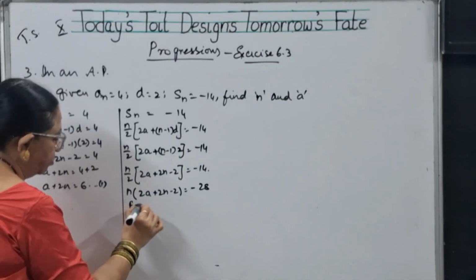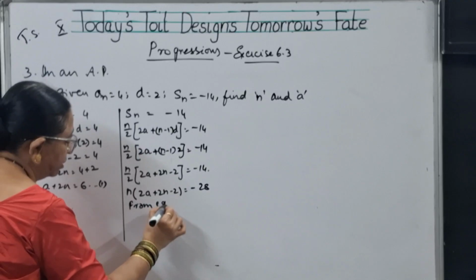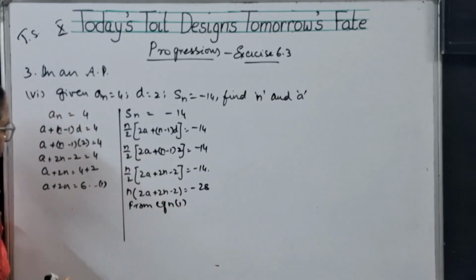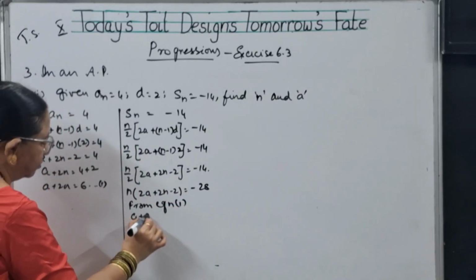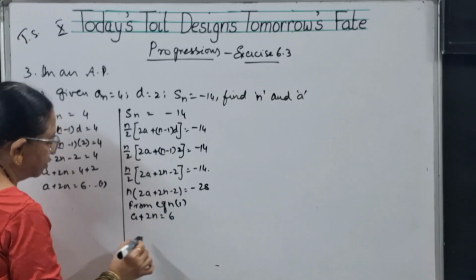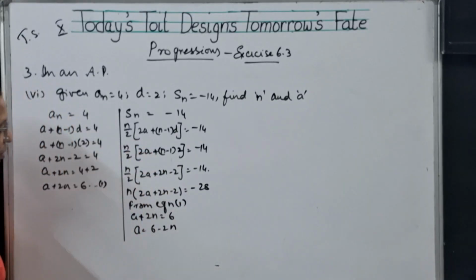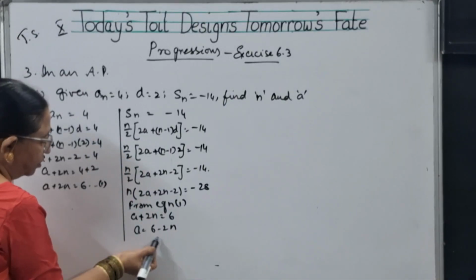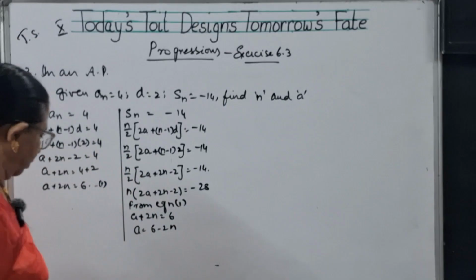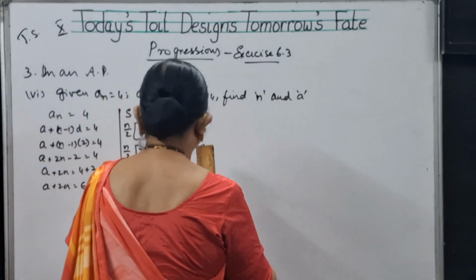So, from equation 1, what is this? a plus 2n is equal to 6. We can write a as 6 minus 2n. So, in the place of a, I can substitute 6 minus 2n. So, let me continue this here.